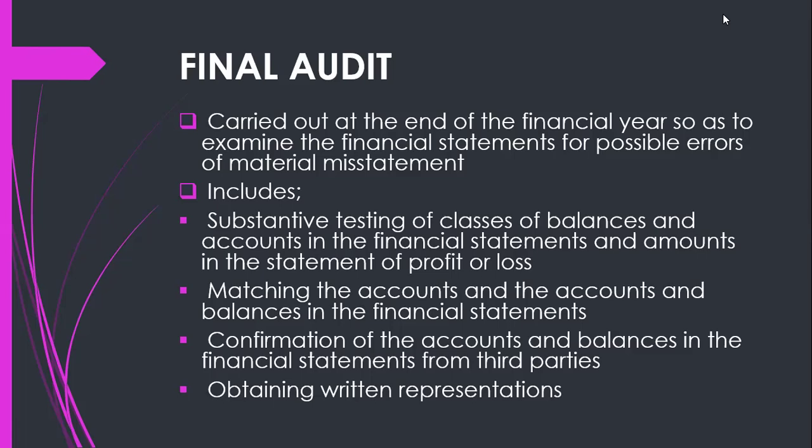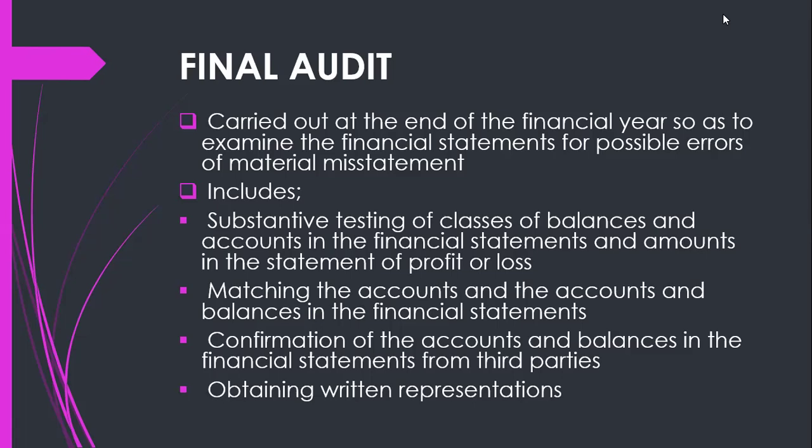So at the end of the year, in the final audit, we do substantive testing of the classes, balances and accounts in the financial statements and the amounts in the statement of profit or loss. Our aim here is to make sure all those transactions that are in the ledger are correct, because when you prepare the ledgers we need to prepare the trial balance. From the trial balance, that's when we go to the financial statements.